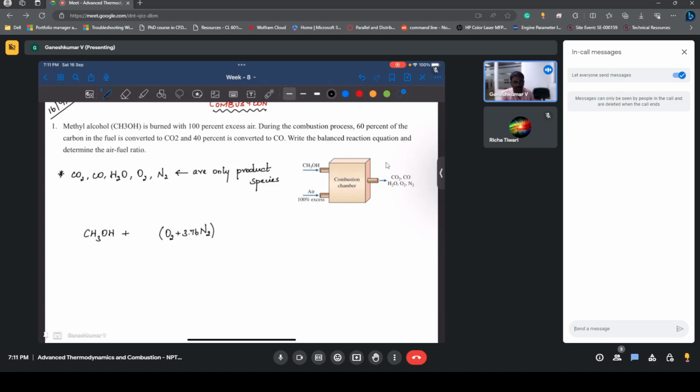So 0.79 divided by 0.21 will give you 3.76. That is why we always write air as O2 plus 3.76 N2.